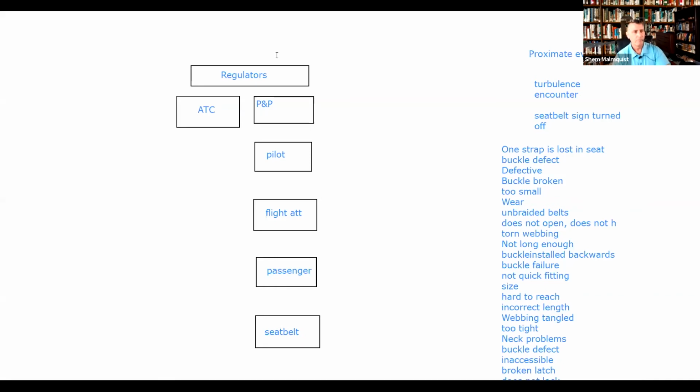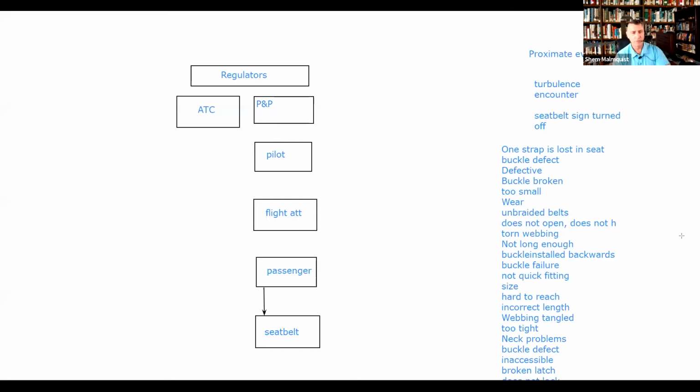So let's take a look at the control from the passenger to the seatbelt. Let's look at this one control and why might the passenger not have been able to fasten the seatbelt? What could have gone wrong on the passenger control, attempt to control the seatbelt?